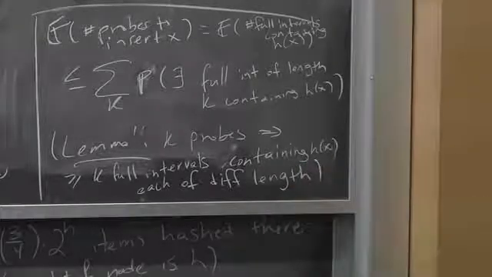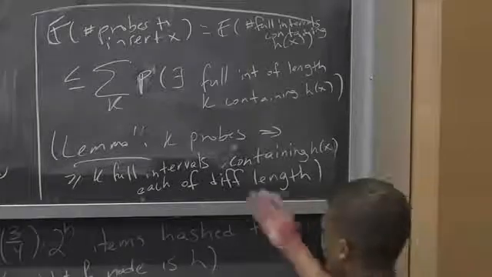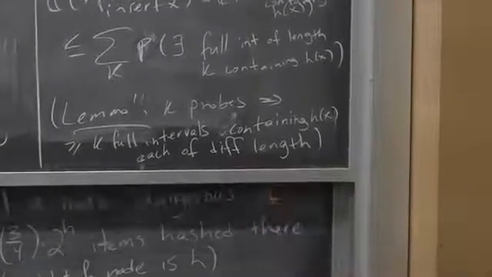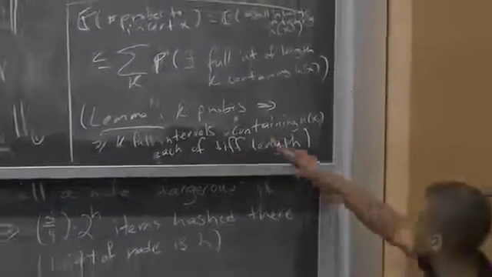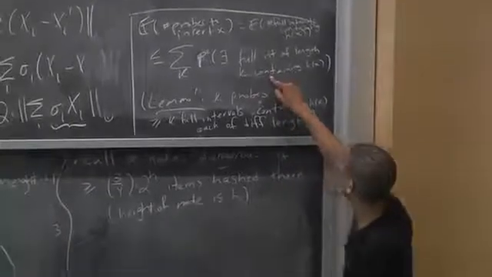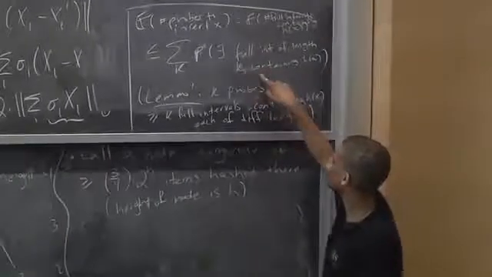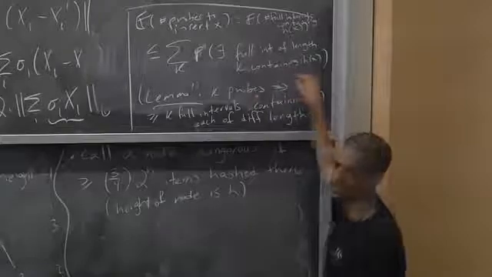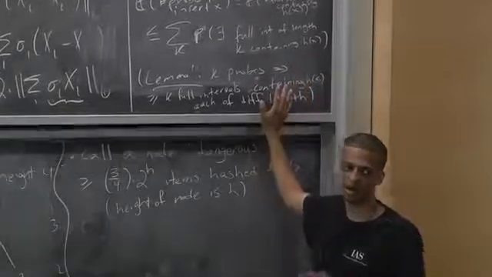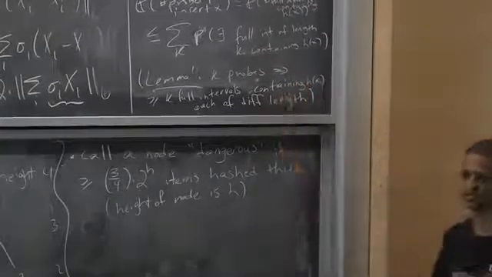Okay. So by a modification of the lemma, you can prove this. And now I want to argue that to decide whether or not there's a full interval of length k containing h of x, we only need to union bound over a constant number of intervals of length roughly k.